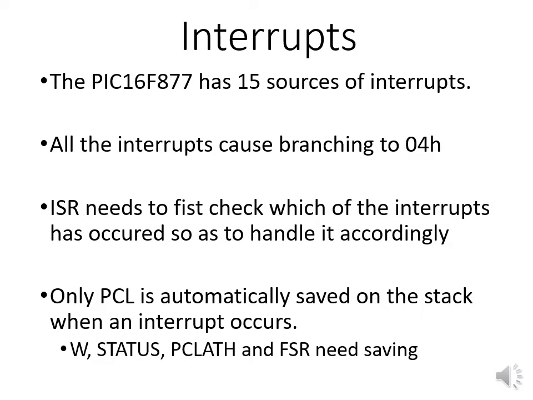Only the register PCL, which is the lowest 8 bits of the program counter, is saved when branching to an interrupt service routine occurs. Any other register will need to be saved before the body of the interrupt service routine has been executed. And after the body has been executed, the registers would need to be restored by the ISR before exiting it.